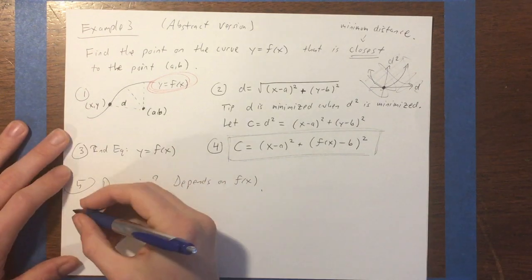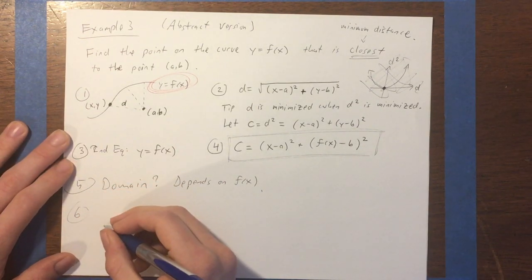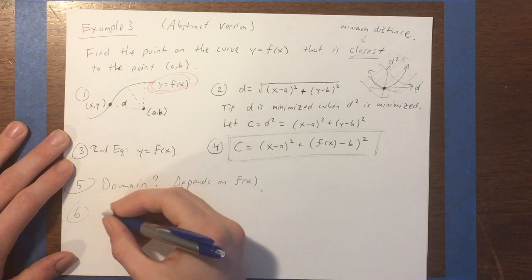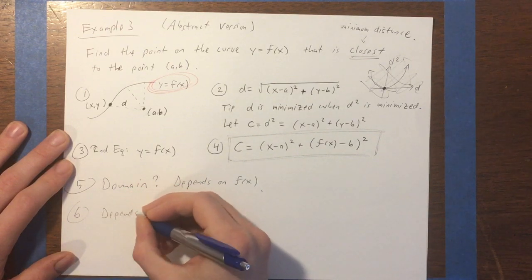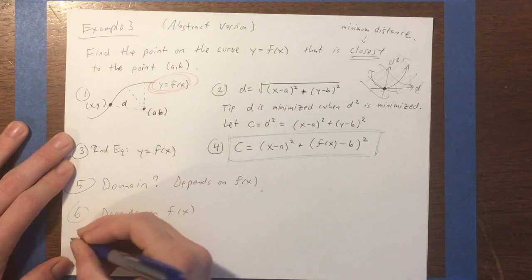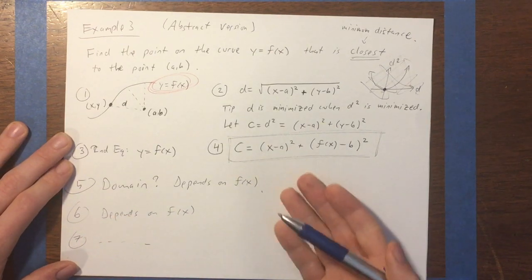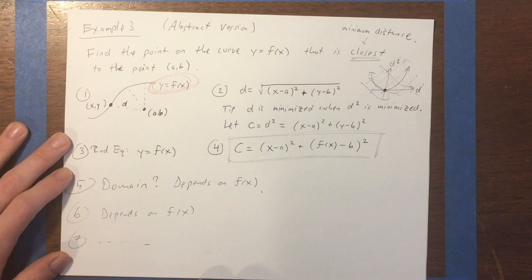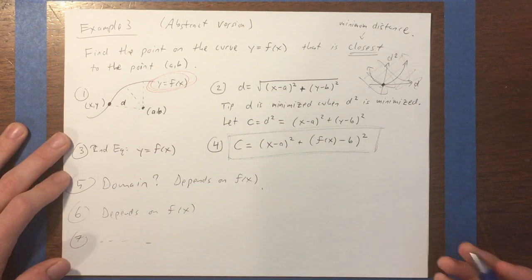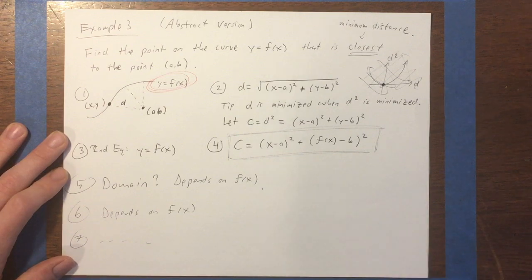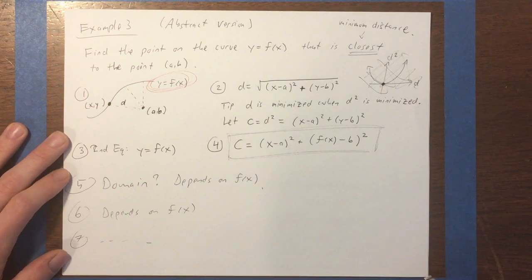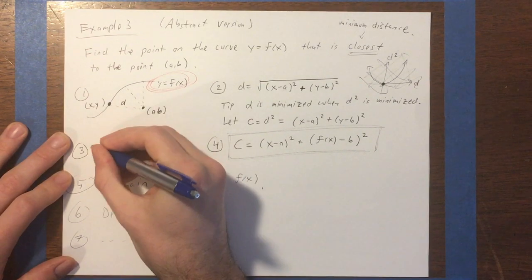So it kind of just depends. And step 6, critical numbers, is also going to depend heavily on f of x. And step 7, obviously. So there's really not much more I can do in generality here. So this is where I'm going to leave it. I'm going to stop here and let you fill in the details and figure out how to do this problem and how to finish it out.